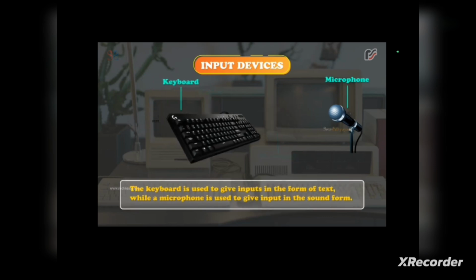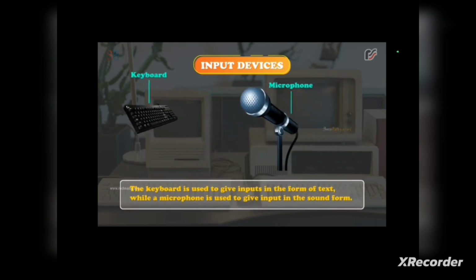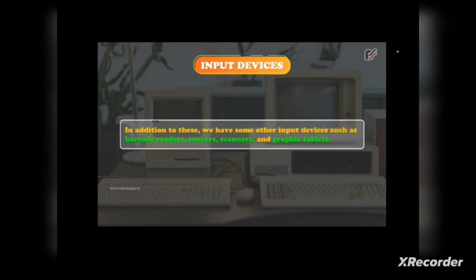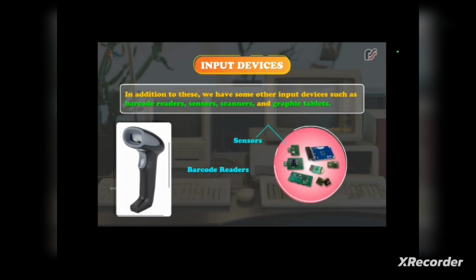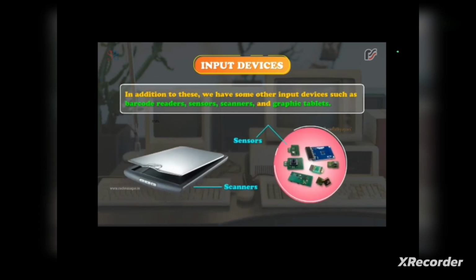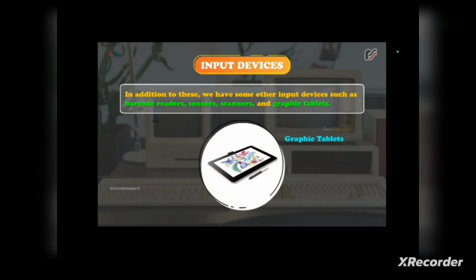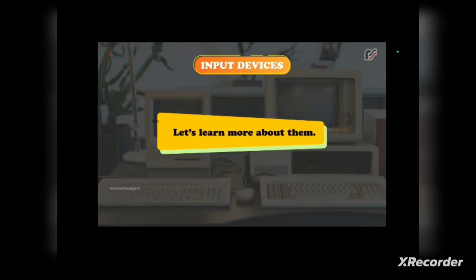The keyboard is used to give inputs in the form of text, while a microphone is used to give input in the sound form. In addition to these, we have some other input devices such as barcode readers, sensors, scanners, and graphic tablet. Let's learn more about them.